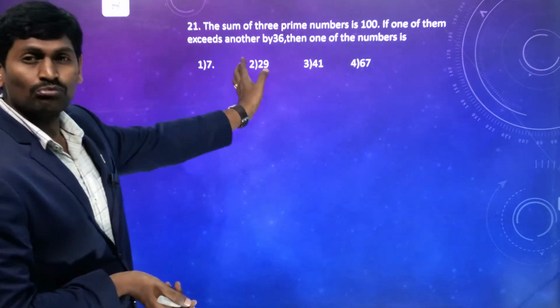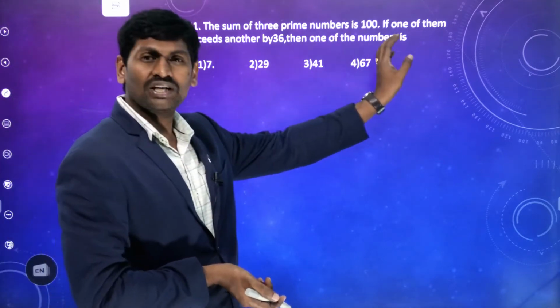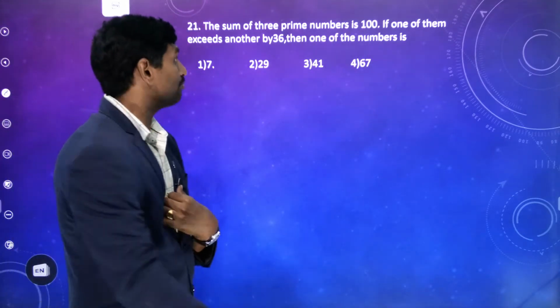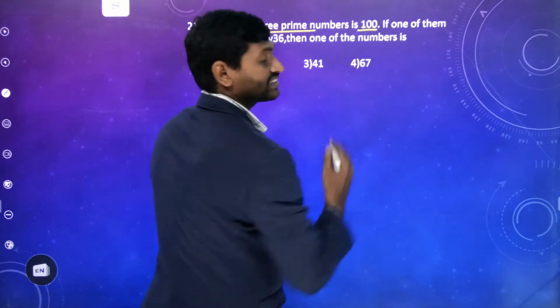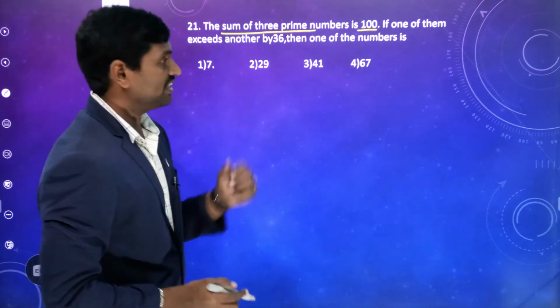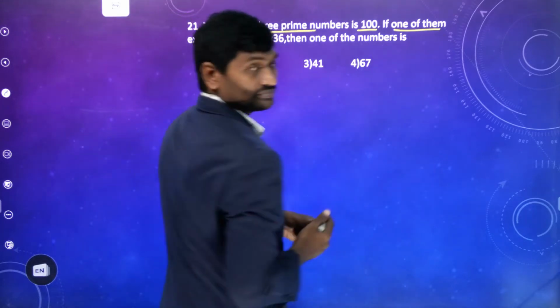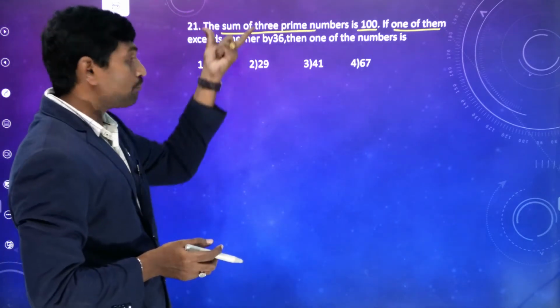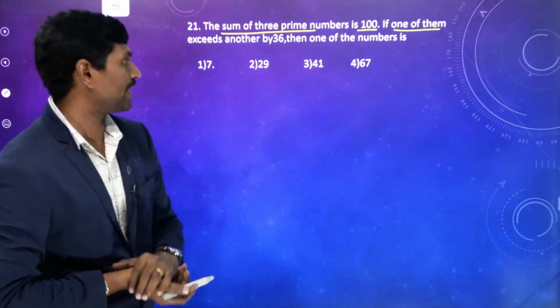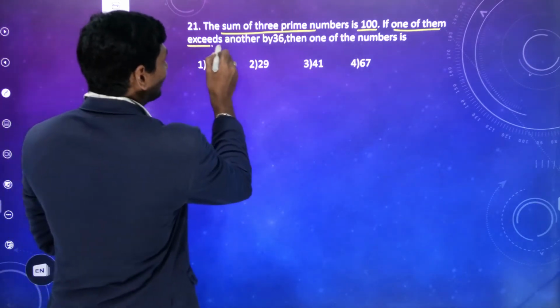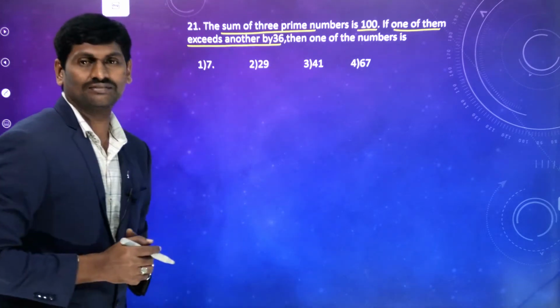See here, the sum of 3 prime numbers is 100, and one of them exceeds another by 36. Among the 3 prime numbers, one of the prime numbers exceeds another by 36.